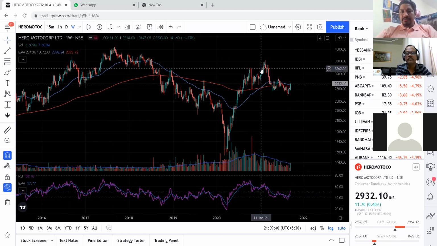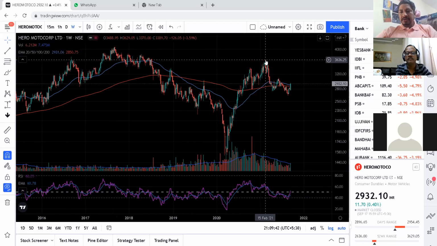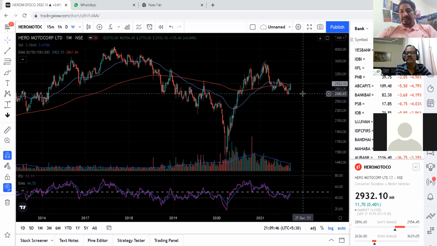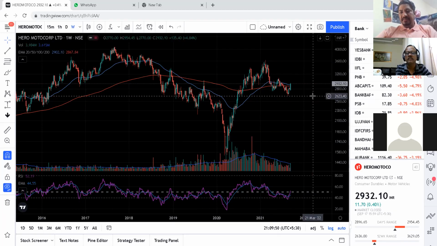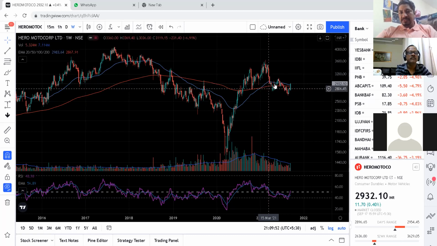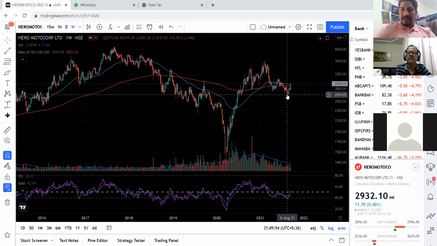It has given a good move, and from top, say top, it has formed 3600. Right now, price is 2900. It's a decent dip, right? It has gone below up to around 2600. It was in correction. So when something is in correction, you will look for the reversal patterns where at some price it will take reversal, right?